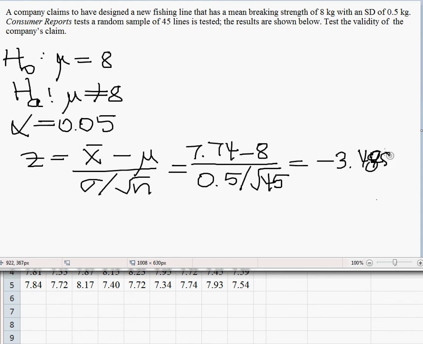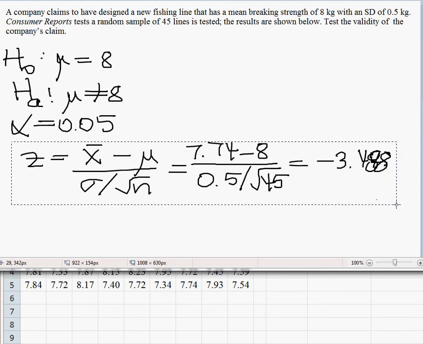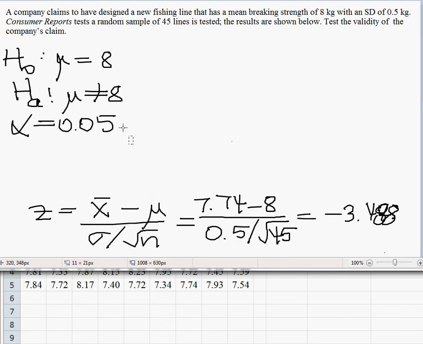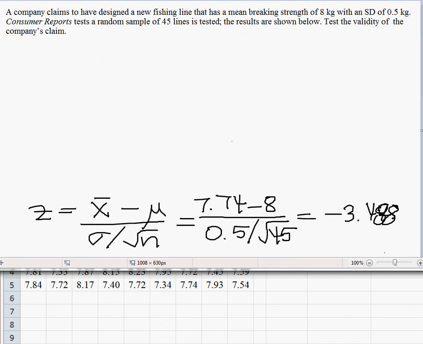Okay, so that's the number I need. Let me bring that to the bottom of the screen, and let me get rid of this so I can draw the pictures for how we're going to determine whether to retain or reject the null hypothesis.